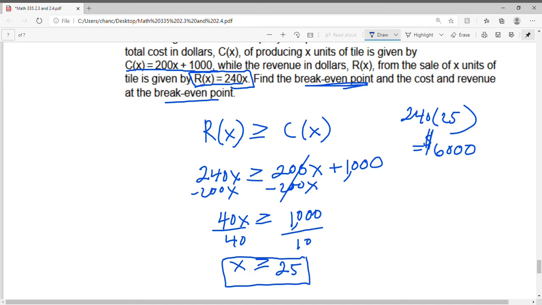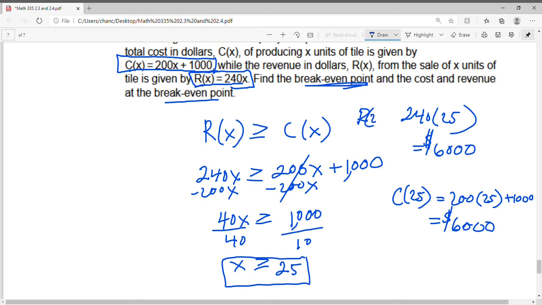Or we can plug the 25 into the cost function, and we have C of 25 equals 200 times 25 plus 1,000. And you will see this is equal to $6,000, which makes sense because our revenue function is equal to our cost function because this is the break-even point.